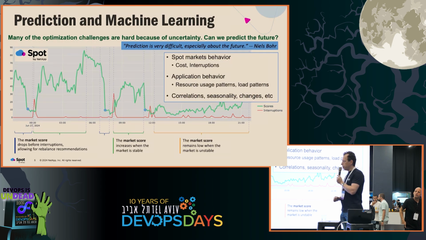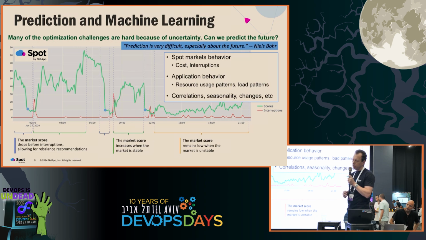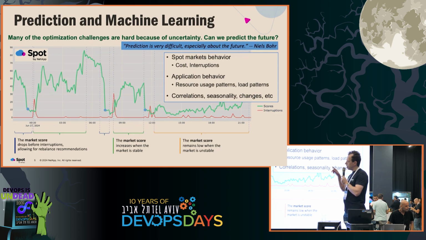And here there is an example of how we use what we call a market score, which is a score of availability of the different spot markets, which is the graph in green. So this is the market score of a particular market. And the graph in red are the actual interruptions that we observe from the environment. So you can see in this example, it's a bit simplistic, but hopefully it will give some insight into what we're doing here.